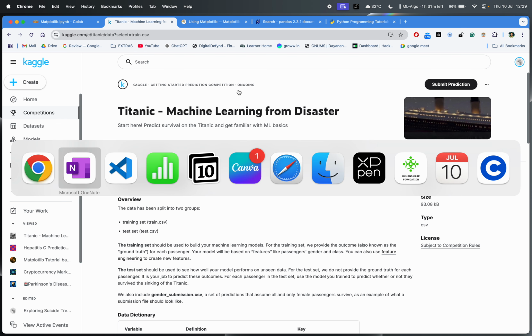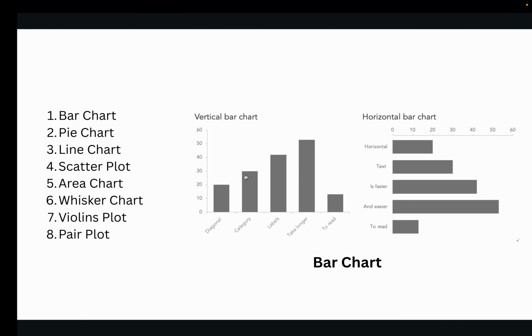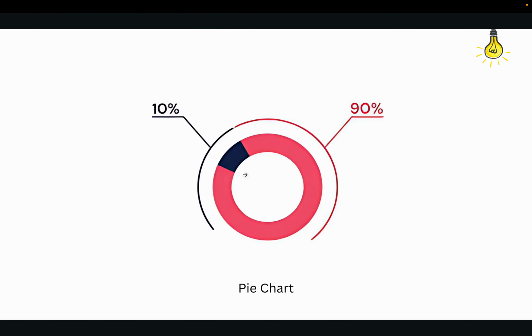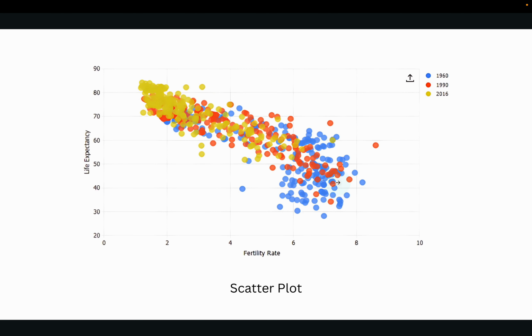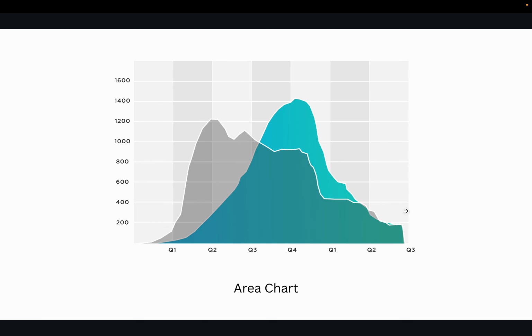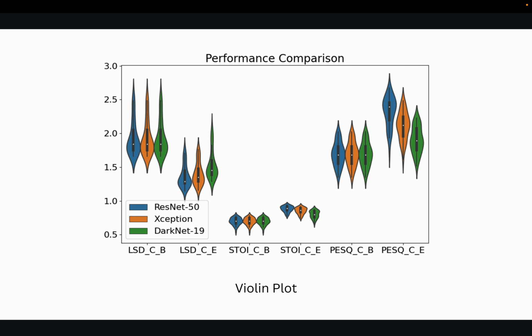We'll easily do EDA. And for EDA, I'll use this slide because I did a lot of hard work to prepare it. See, scatter plot, no? This is how you can distinguish between your data. Area chart. And this is the violin plot. It is mostly used when you are explaining your feature.